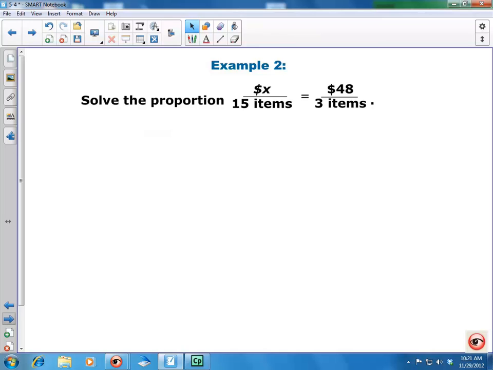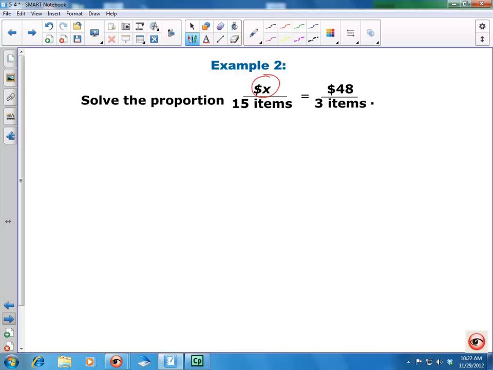Let's take a look at our next example on your notes here. This one is a little bit more difficult because it's asking us to find a missing number. We're trying to find x. Somebody first class says, well, how do you know how to set these up? Whenever you're setting up proportions like this, you have to put all of the same items on the top or the bottom.